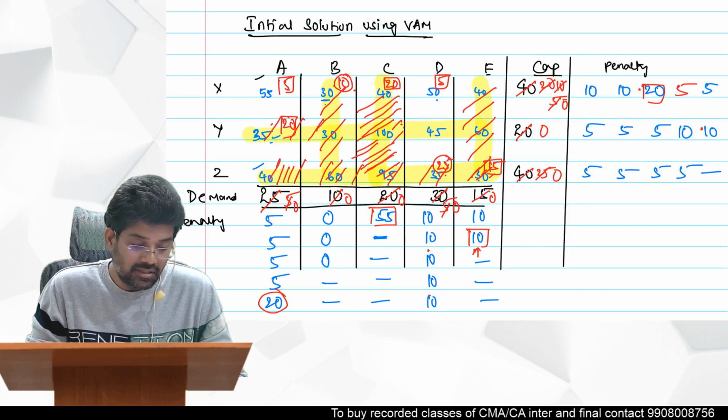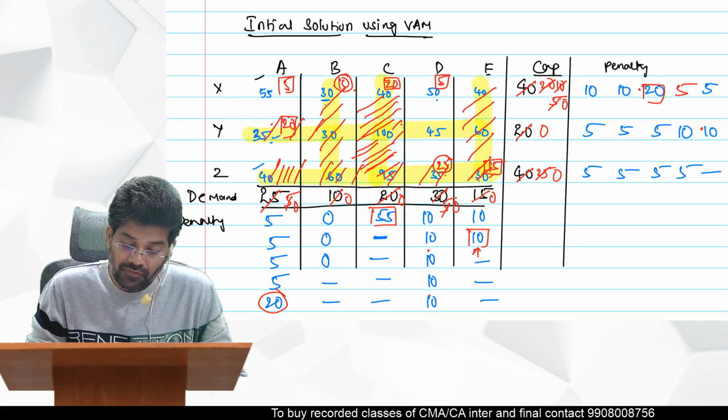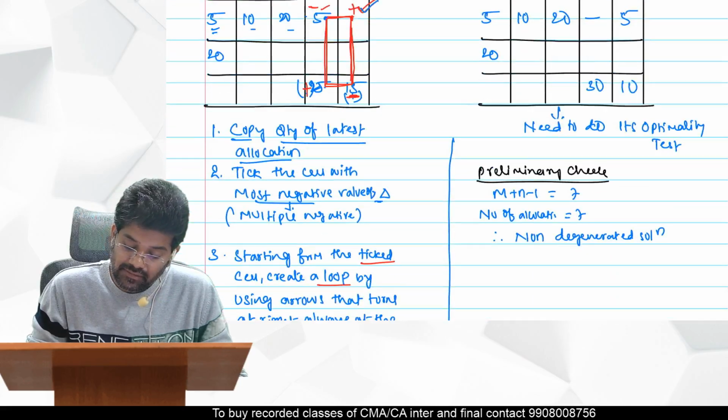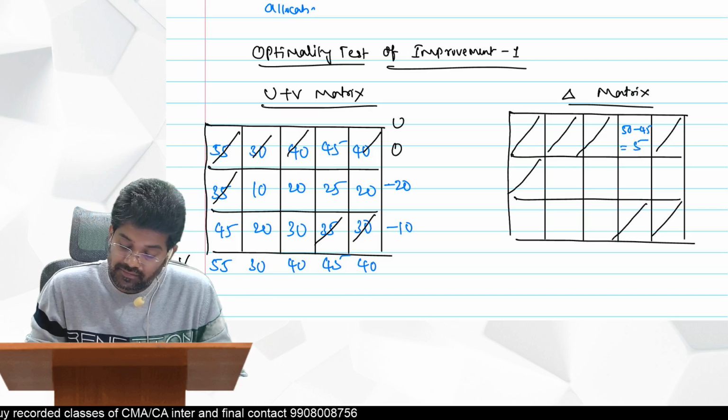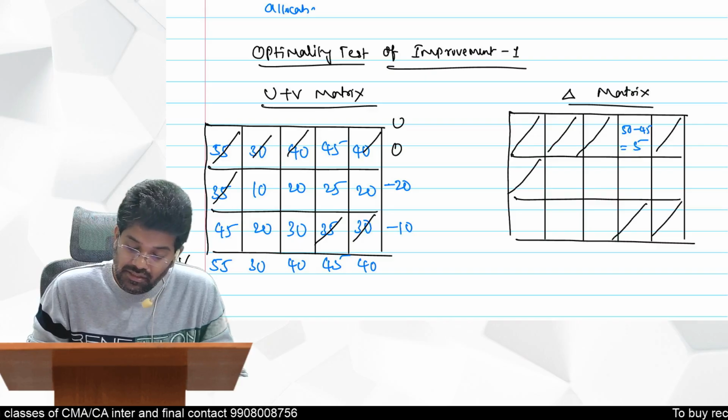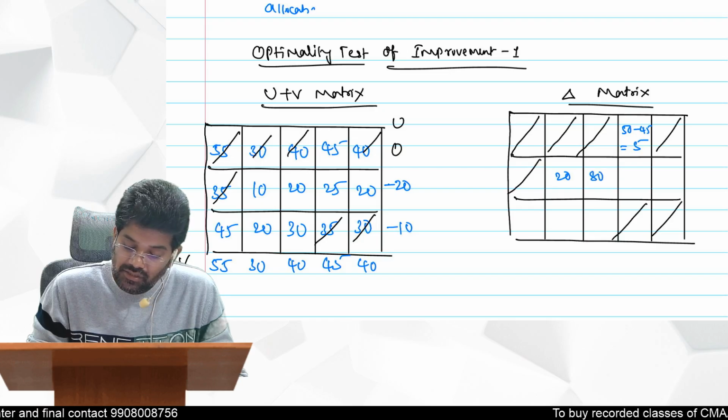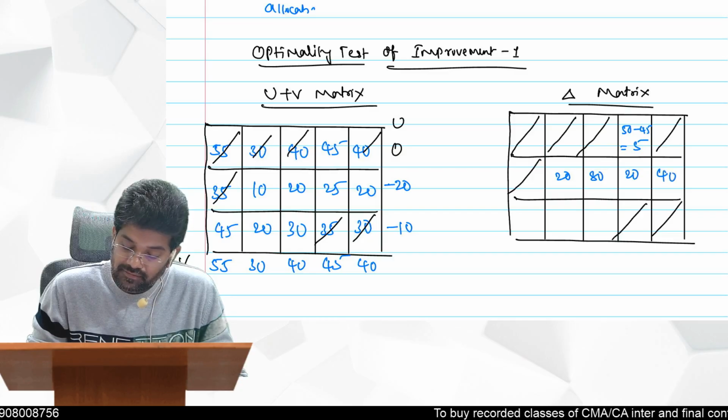Original cost is 50 minus 45 is 45, we got no U plus V value, so 5. Next here it is 20, original minus this one is 80, this one is 20, this one is 40.